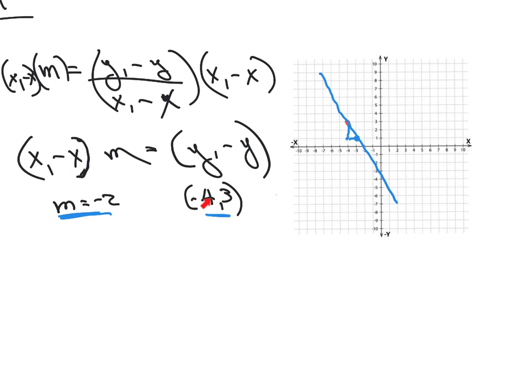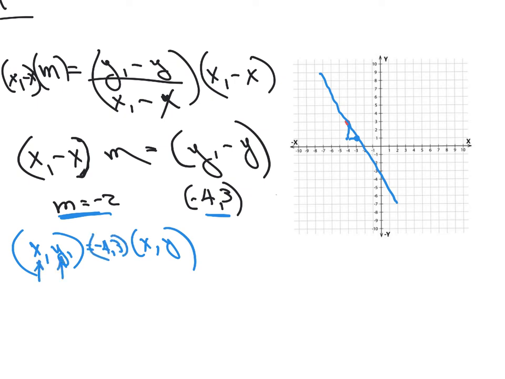We can either have it be the x1, y1, or the x, y, because if you remember, we have 2 different x's and 2 different y's here. So it doesn't really matter which one you use. So let's go ahead and make this first one equal to our point they gave us. So the x1 is -4 and the y1 is 3.